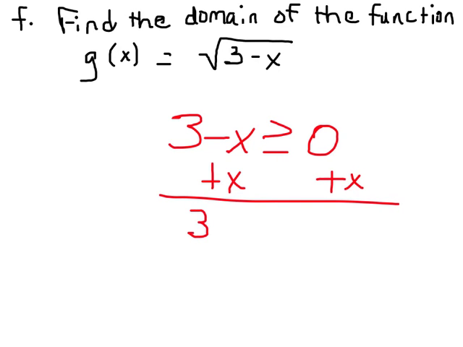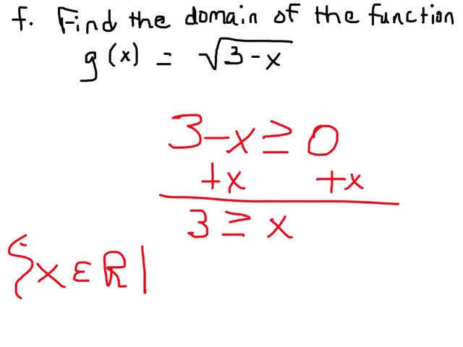So 3 is greater than or equal to x. And so the domain would be x is a member of the set of real numbers such that x is less than or equal to 3.